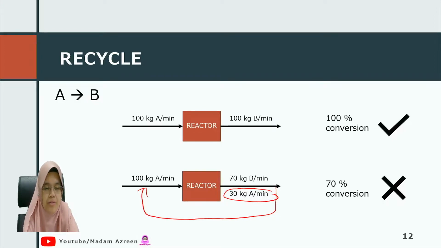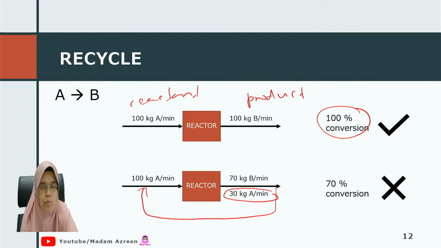When we have a reactant turn into a product, if we have 100% conversion, that is the best and ideal condition, and it will give us more profit, because 100% reactant is being converted to 100% product. But in reality, it has never been the case. So in order for us to increase our yield, to increase our product, we do a recycle.